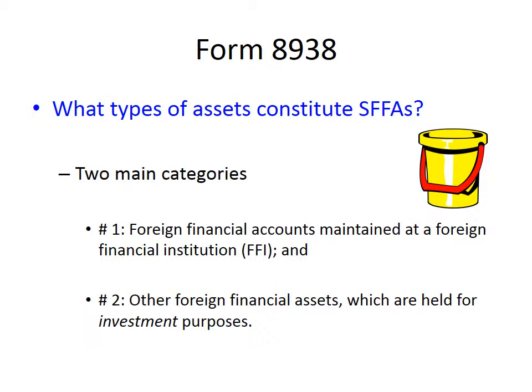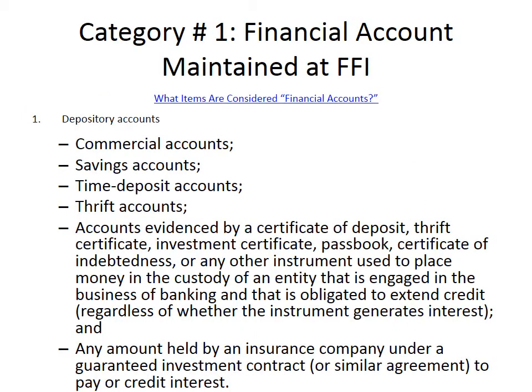Let us tackle the first main category. So what items are considered financial accounts? Let's start basic and then build on basic. First are depository accounts. Now, by depository accounts, the first types of accounts that probably come to mind are commercial accounts and savings accounts.